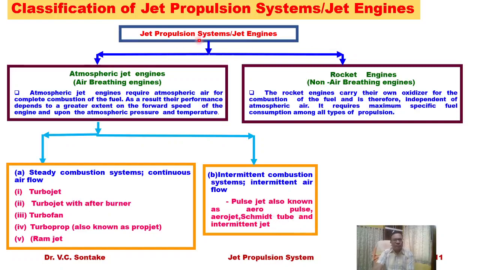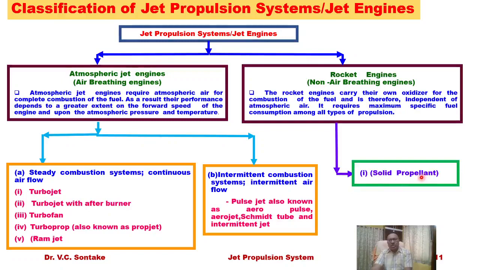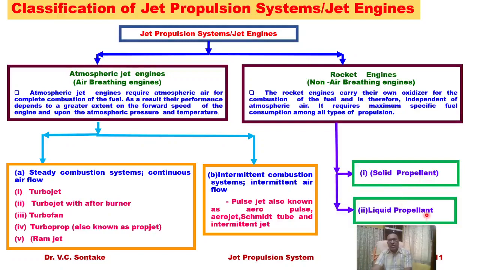So as we can see, jet propulsion systems are classified as atmospheric jet engines and rocket engines, and atmospheric jet engines are further classified as steady combustion systems or continuous airflow systems, and intermittent combustion systems or intermittent airflow systems. Rocket engines are further subclassified as systems carrying solid propellant and systems carrying liquid propellant.